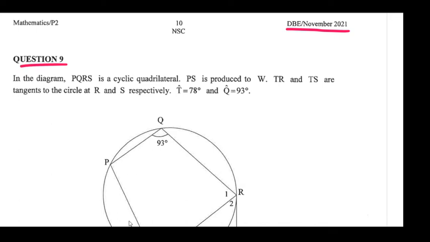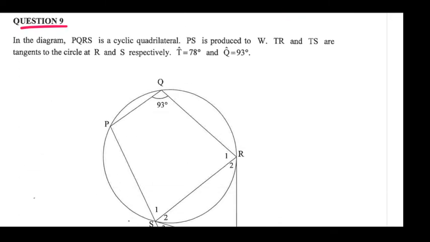It is question 9. So what we have here is a cyclic quad, as it is written here. The first thing you need to do when you're answering a Euclidean problem is to underline the important points, which we are told that TR and TS are tangents to the circle at R and S, and we are given the angles here.